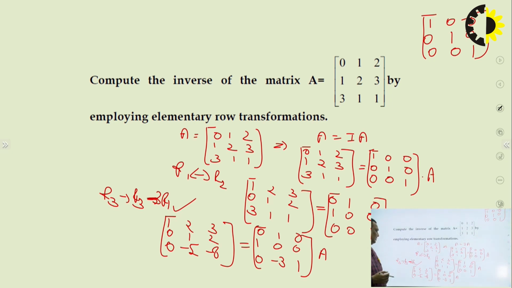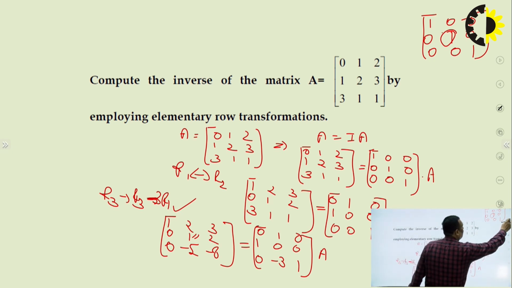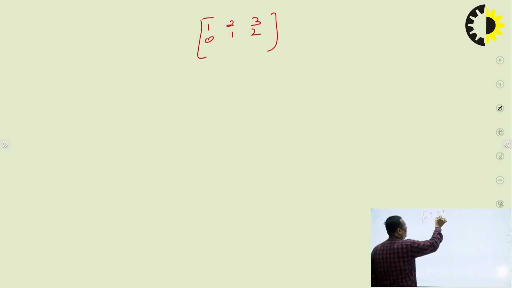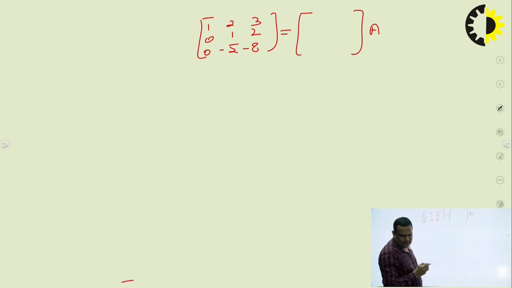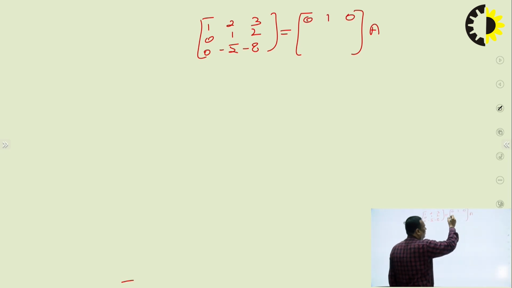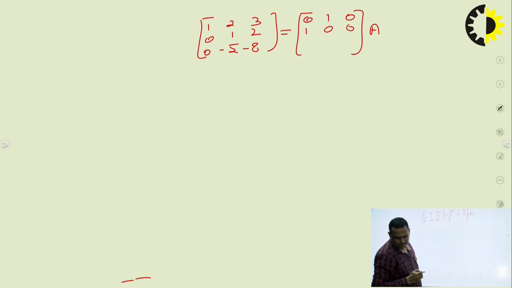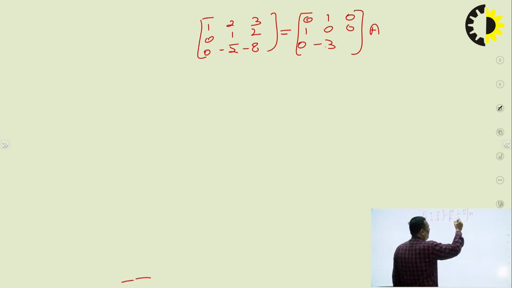Now the next entry A22 should be 1, and here it is already 1. Just focus. Second row: 1 2 3, 0 1 2, 0 minus 5 minus 8, and this will be 0 1 0, 1 0 0, 0 minus 3 1.